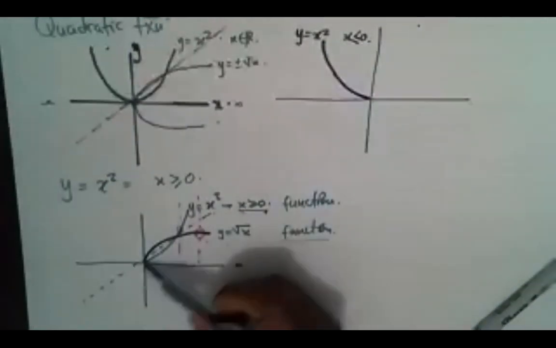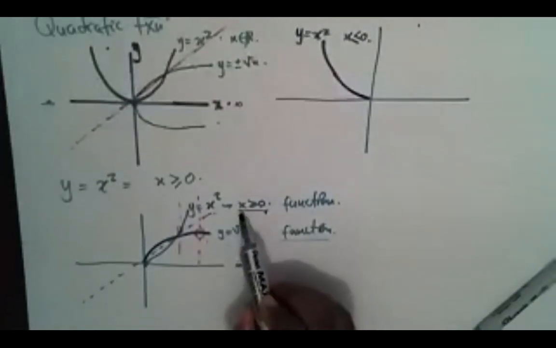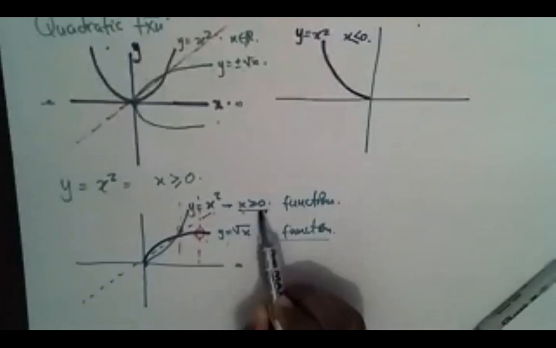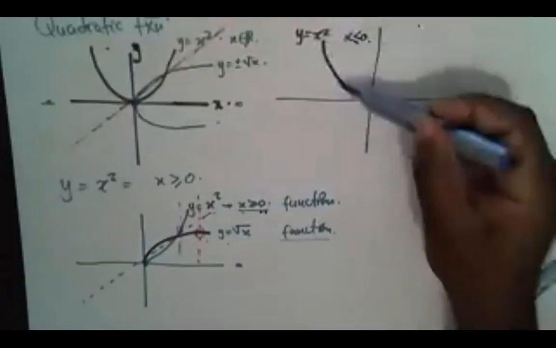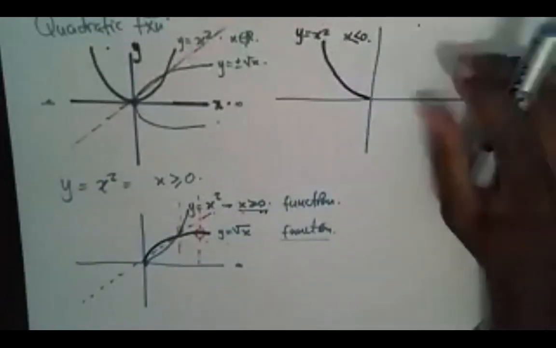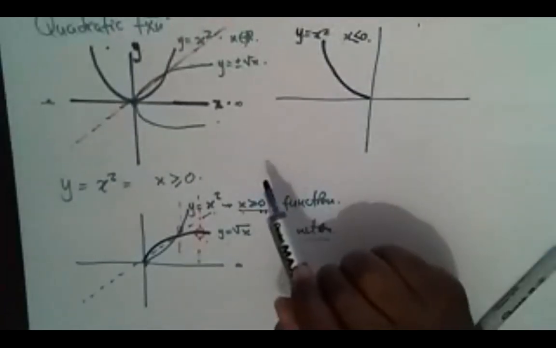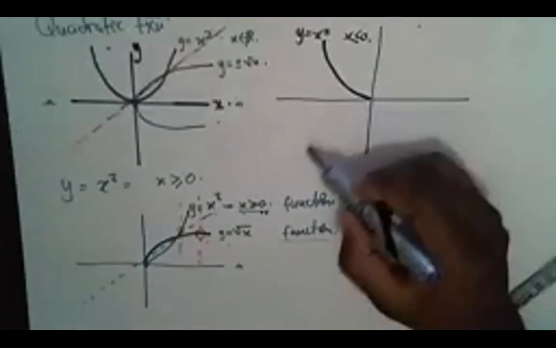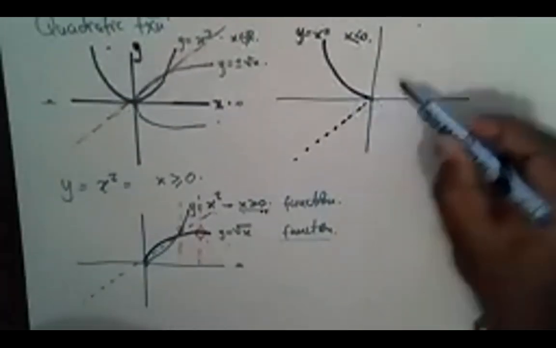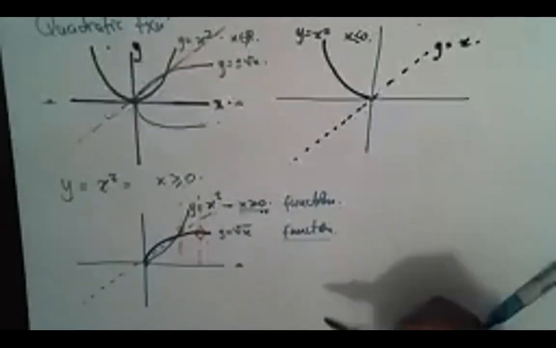Remember when I drew this side, it was y is equal to x squared and x is greater than 0. Here it is y is equal to x squared and x is less than or equal to 0. So now, if I draw this side, and remember, I always have my line y is equal to x.